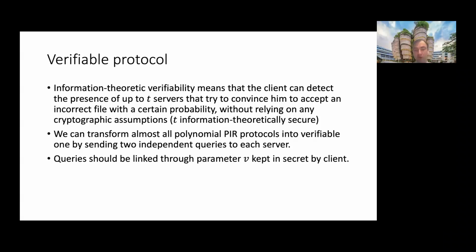As I said, we can transform almost all polynomial private information retrieval protocols into verifiable ones. The main idea is that we need to send two independent queries to each server, and the queries should be linked to a parameter B, which is kept secret by the client.